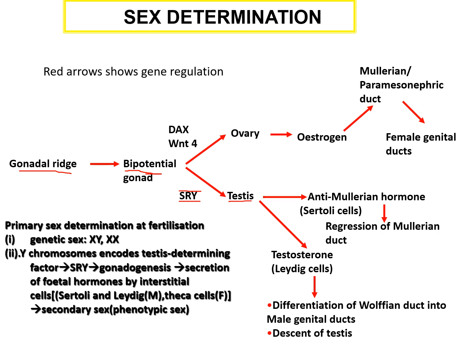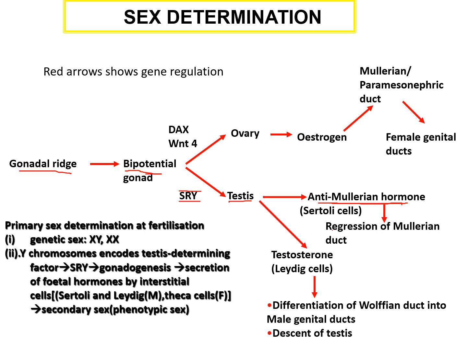So the gonad will differentiate and form a testis, and this SRY will lead to secretion of a substance called anti-Mullerian hormone. If it is called anti-Mullerian hormone, what will it do? It will prevent development of the Mullerian duct, and it will prevent formation of the uterus, the fallopian tube, and so on.